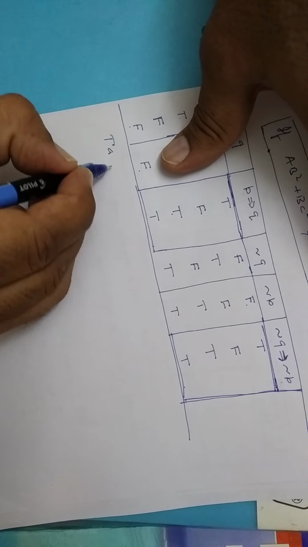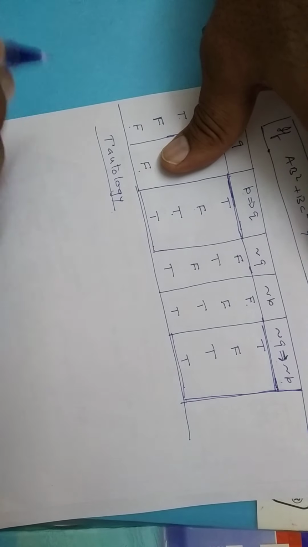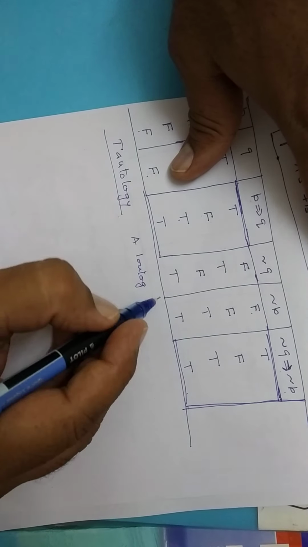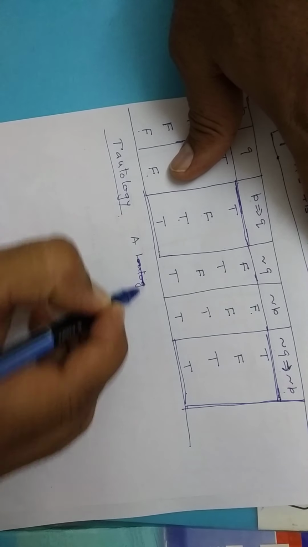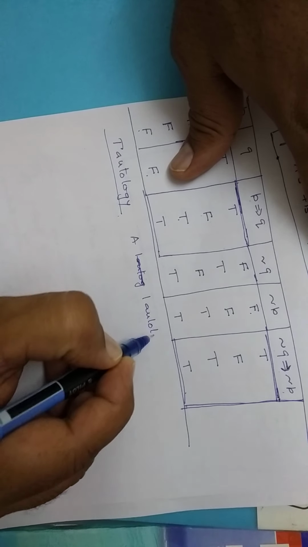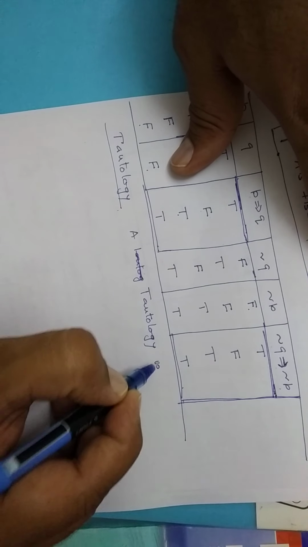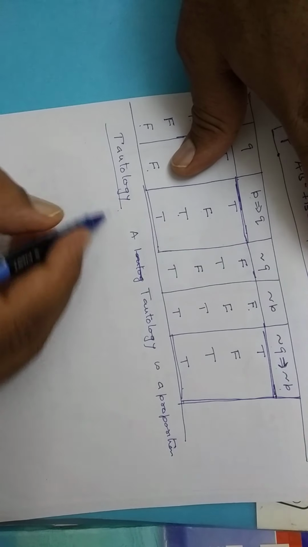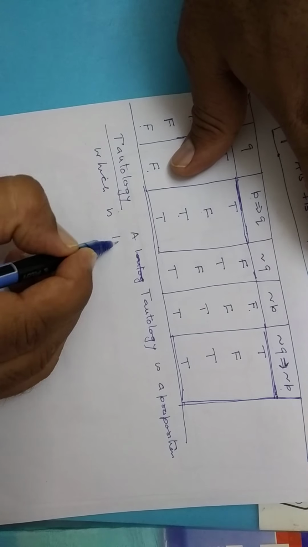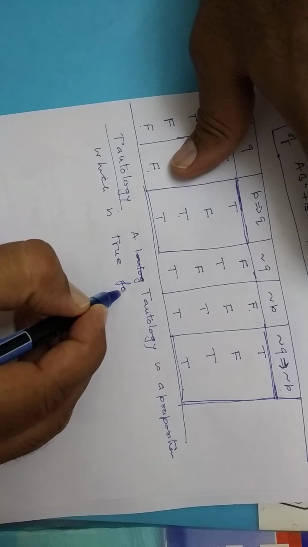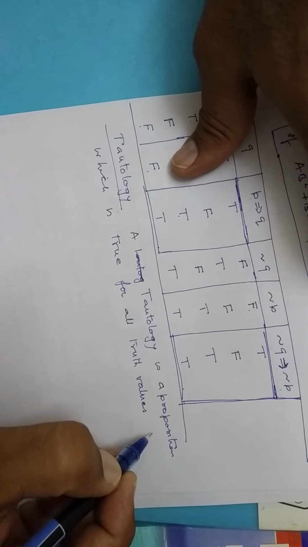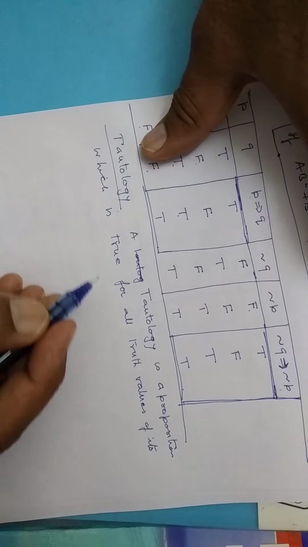Next we will discuss the tautology. A tautology is a proposition which is true for all truth values of its components.